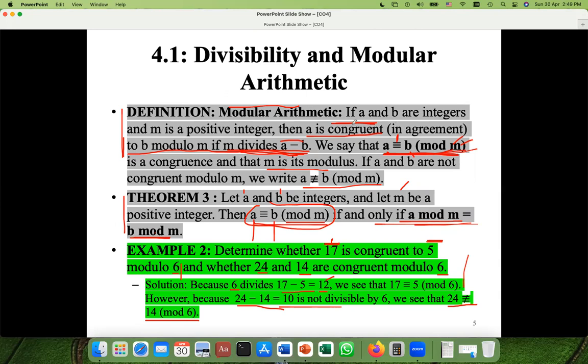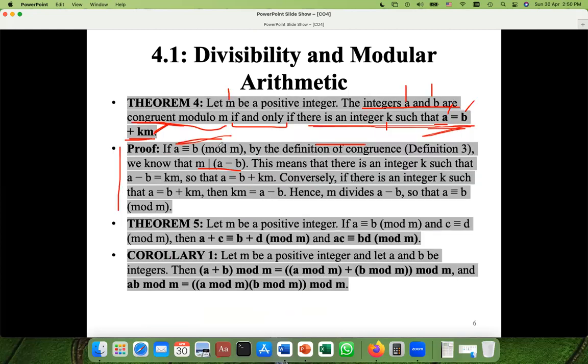It means that when m divides a minus b, there is a congruence. So by using that definition, we can also represent that equation in this way. This equation means that m will divide the difference a minus b.